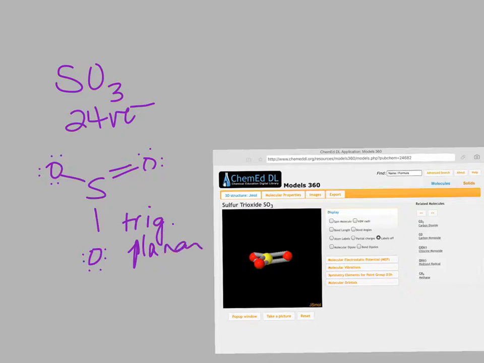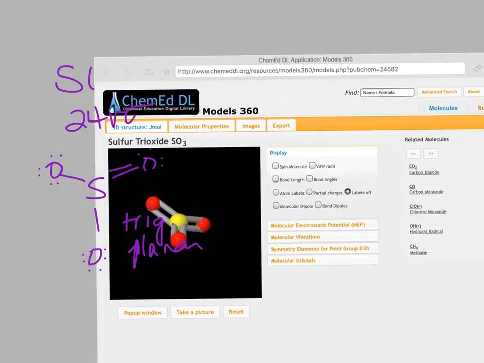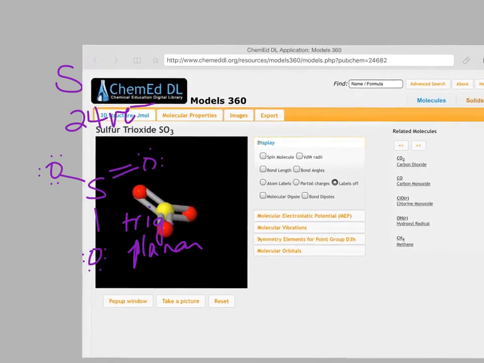All right, and this time though with the trigonal planar we have oxygens on all of the ends. And so I know that it looks different in this structure here, and it's because we don't cover things like formal charge, and formal charge will add more steps to how you draw these structures, and I don't want to overwhelm anybody, so I tend to not go over that too early.